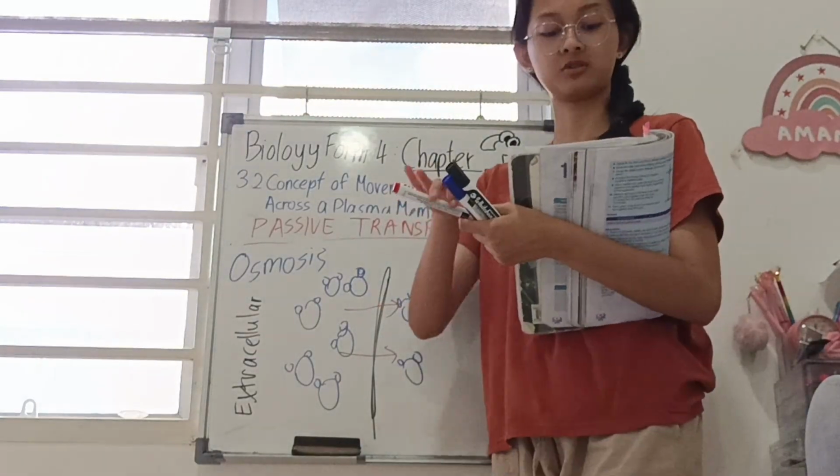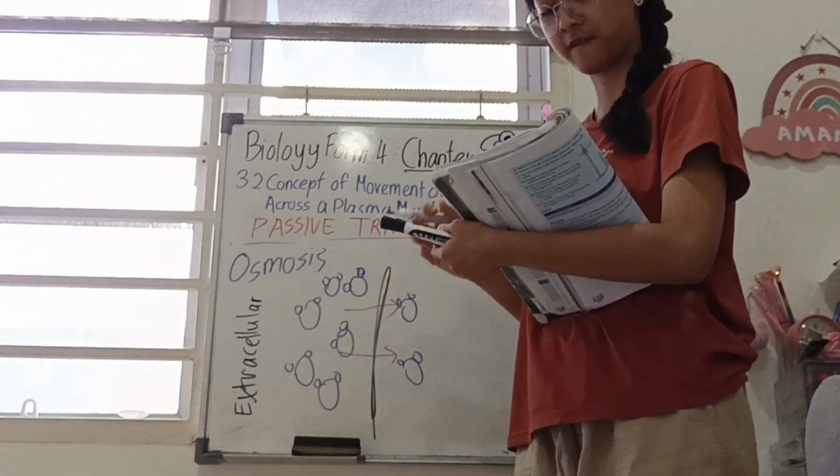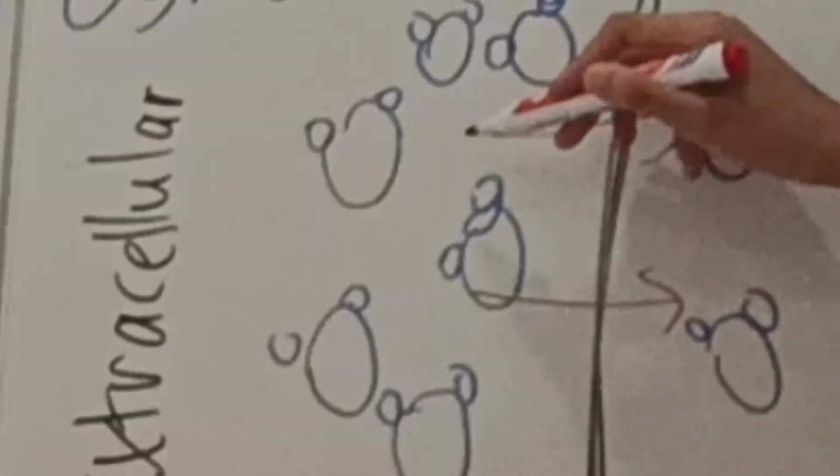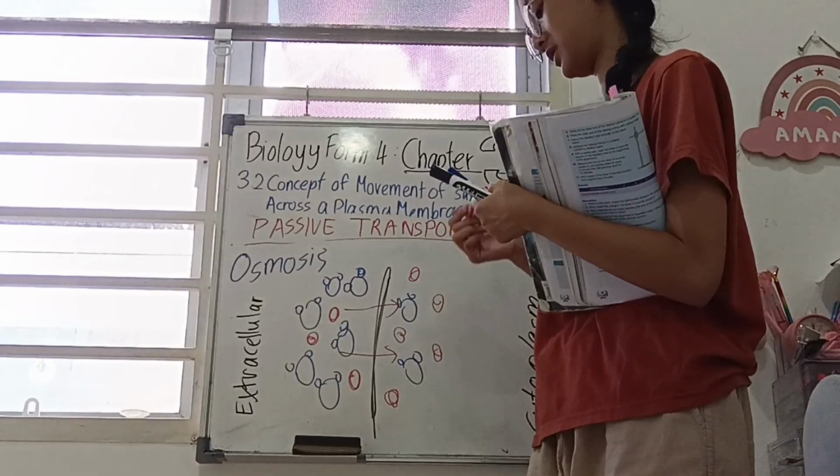But for osmosis, there's also another thing, which is that there are solutes. Usually if there is more water, there are fewer solutes, and when there is less water, there are way more solutes. You see?